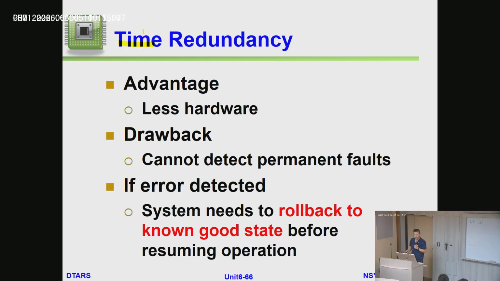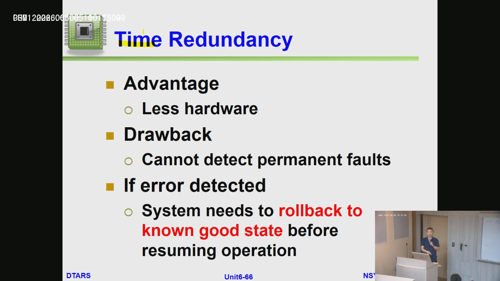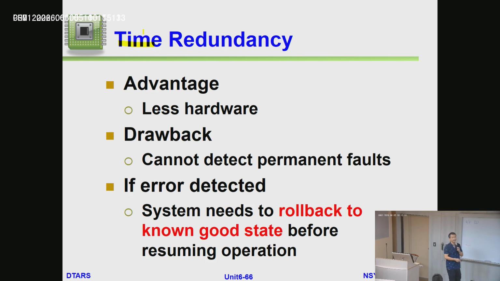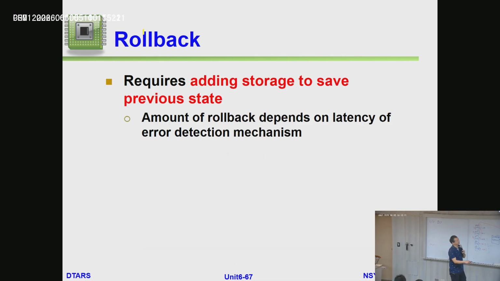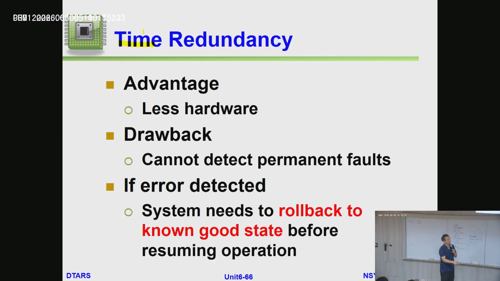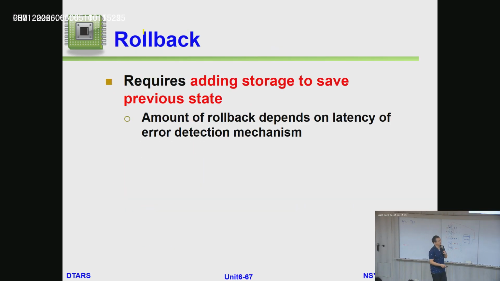For time redundancy methods, now let's see some specific examples of how we can use time redundancy to detect if there are any errors. Let's talk about rollback to have some more specific information.